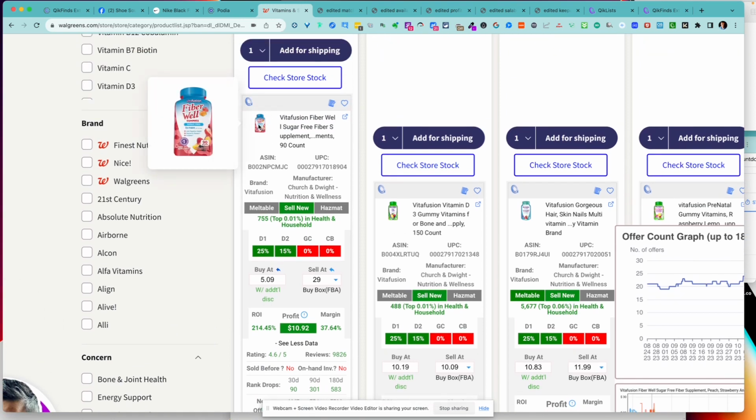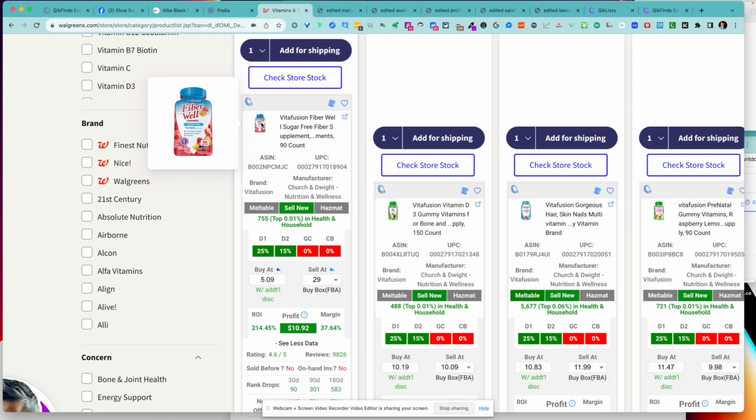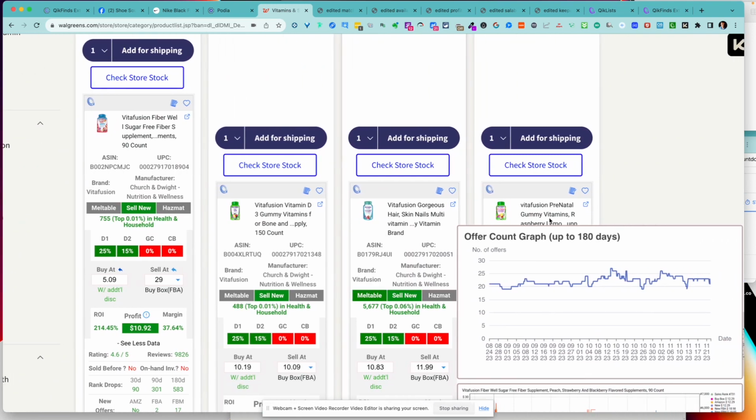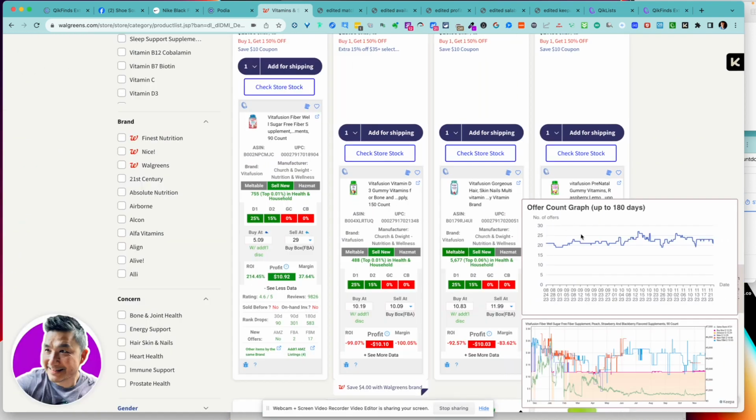Let's click on this one instead. When you hover over, a larger image will pop up. But if you click on it on the right hand side, right here, it would display this graph for you, the Keepa graph.